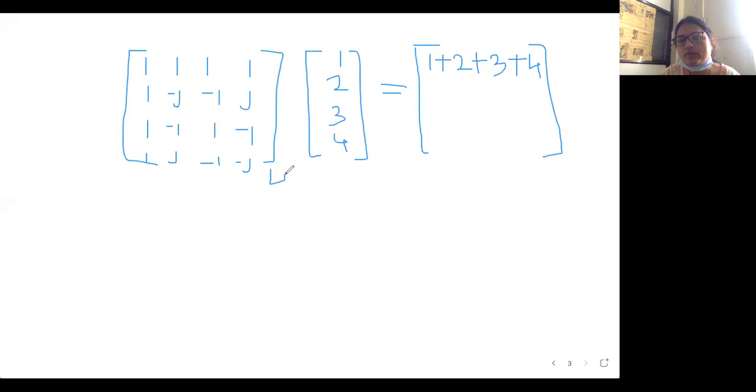So this is a 4 by 4 matrix, and this is a 4 by 1 matrix. So what will be the size of the output matrix? This 4 and 4 will get combined together, so the size of the output matrix will be 4 by 1 only.